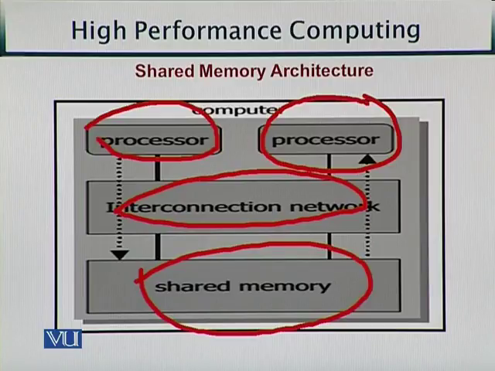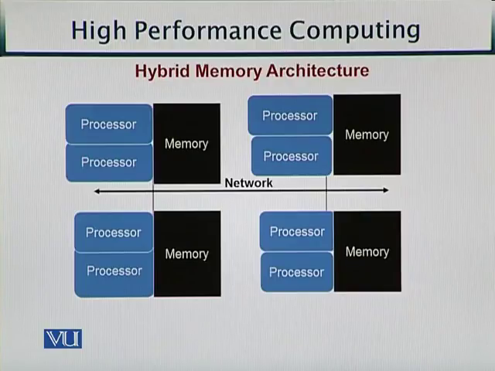Moving on, the last one is hybrid memory architecture. As we can see, we have shared memory architecture and distributed memory architecture. To have the best of these two worlds, we have to build something hybrid in nature, that takes advantage of shared and distributed memory architectures, which is this hybrid memory architecture. So what is the idea behind this one?